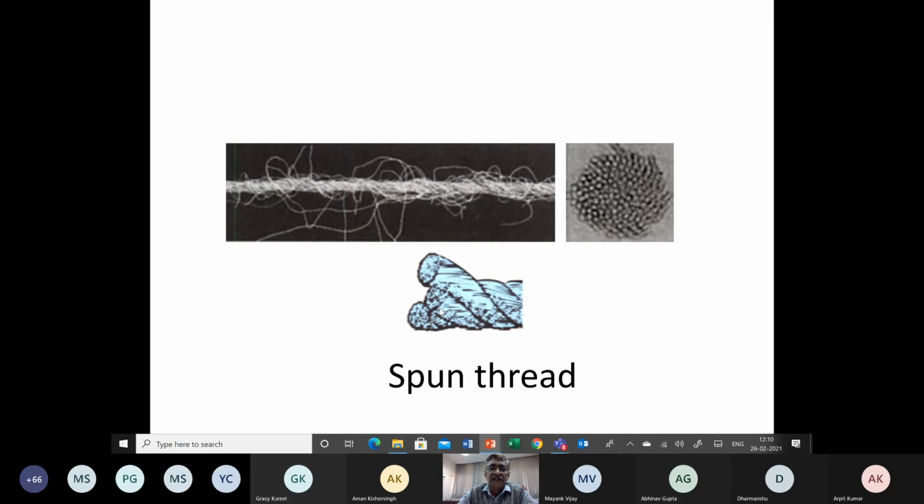Suppose the single yarn is having S twist, the plied one is having the opposite direction. So this is a 3-ply thread. That means there are 3 single yarns. If the single yarn count is 20 tex, the thread must be having approximately 60 tex.